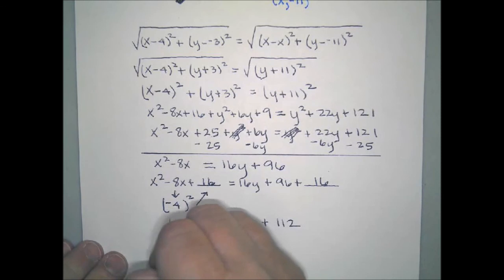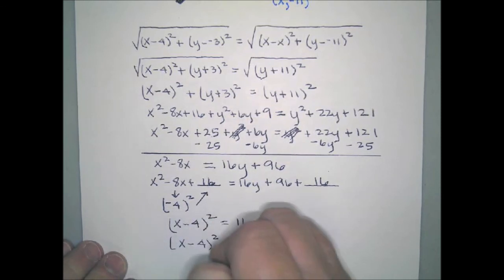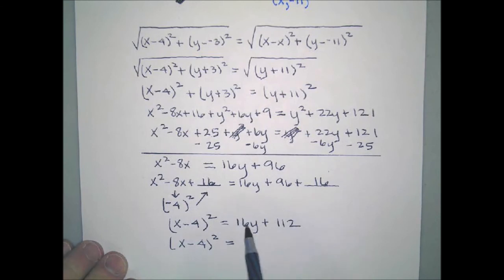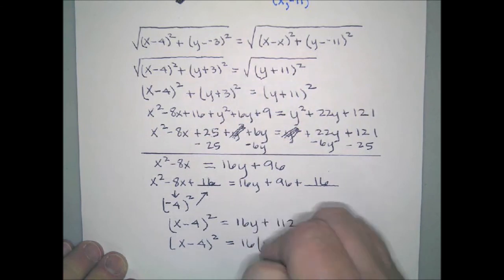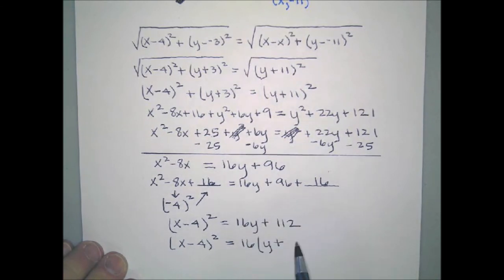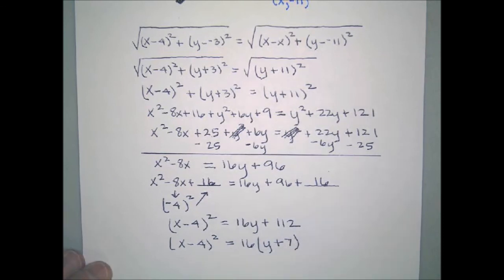I'm going to leave the left-hand side alone, x minus 4 squared equals, I'm going to factor out a 16 from both of these, and I'm going to get y plus, and when you take 112 and divide it by 16, you get 7. And that's the equation of the parabola.